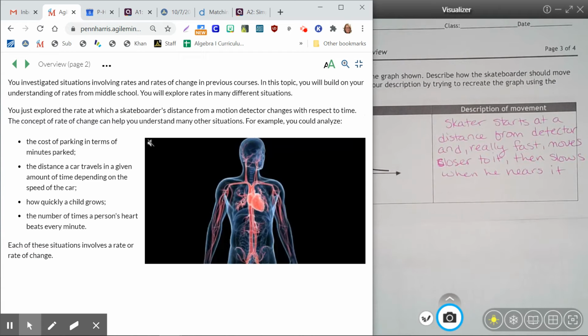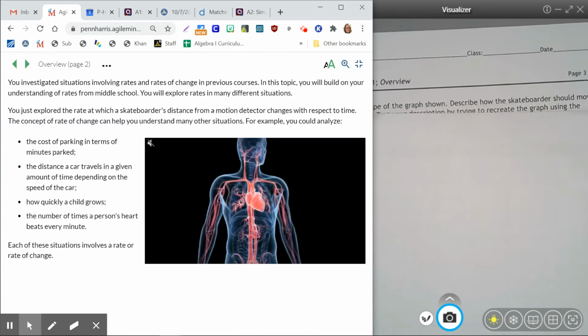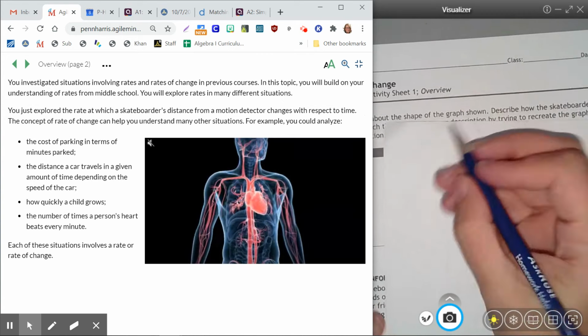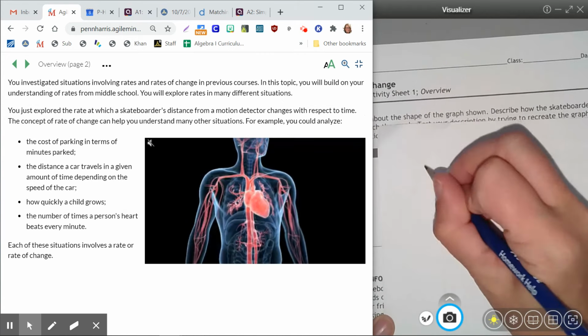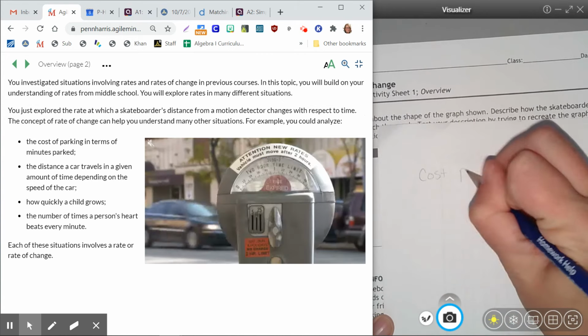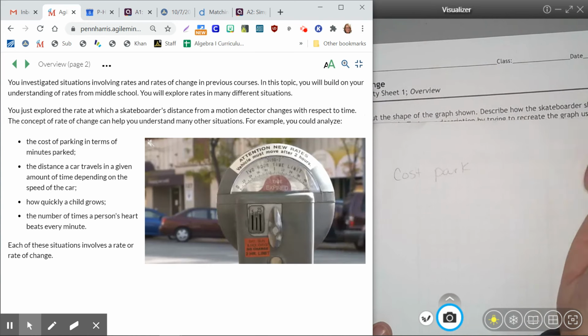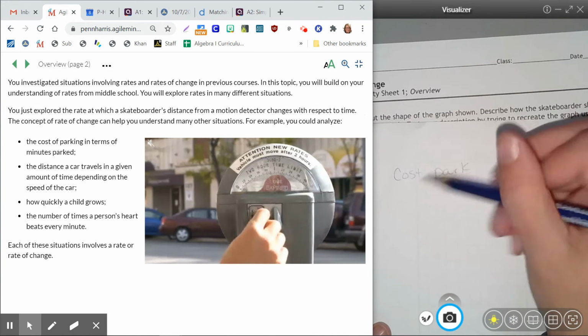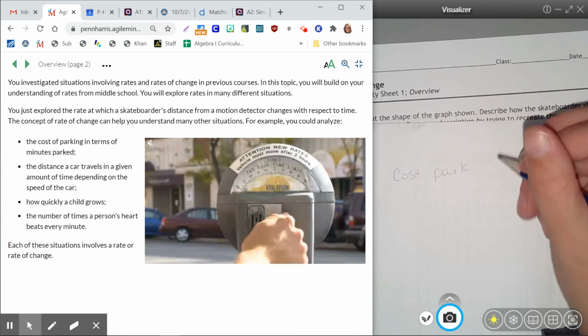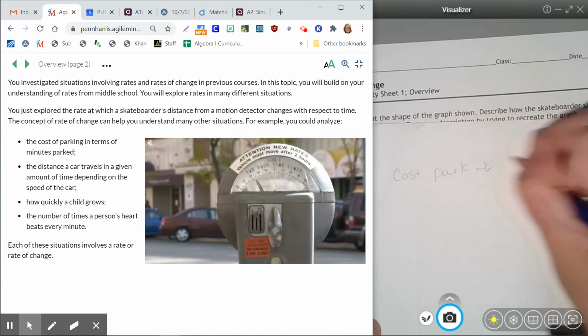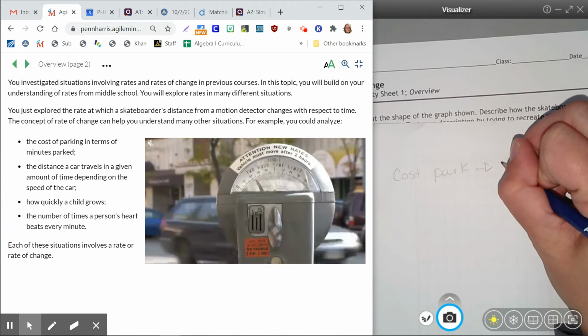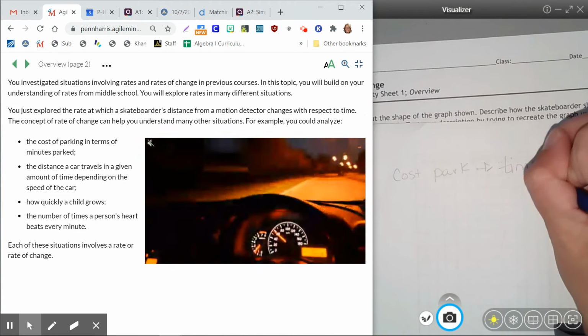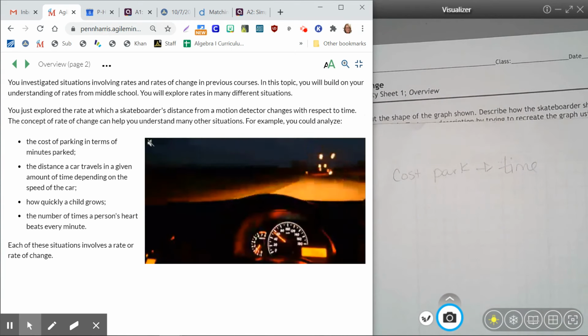We may also compare things such as the cost of parking. So cost to park a car, if you're in a city or even downtown South Bend, sometimes it costs to park a car. What is it based off of? Sometimes it's off of hours, sometimes it's off of minutes, but it's going to be off of time of some sort. Okay.